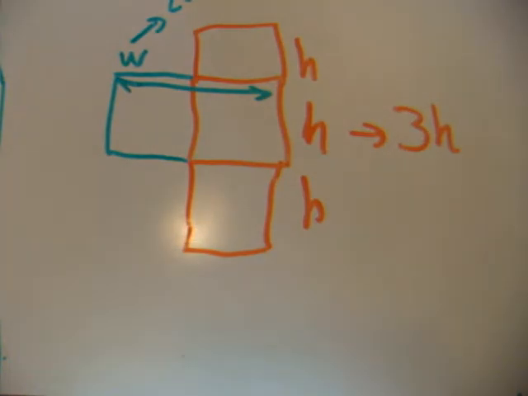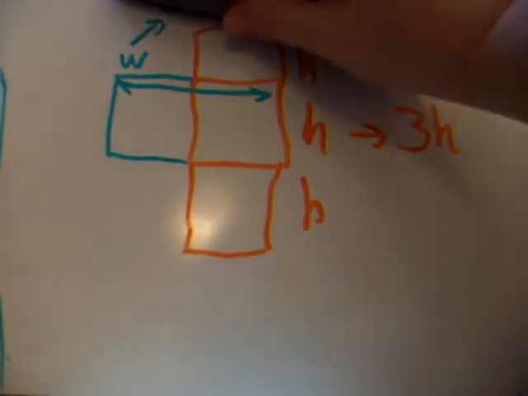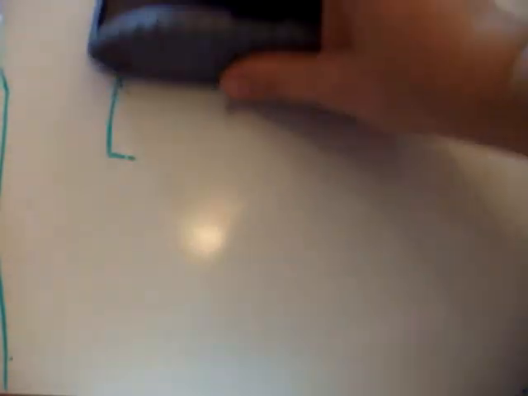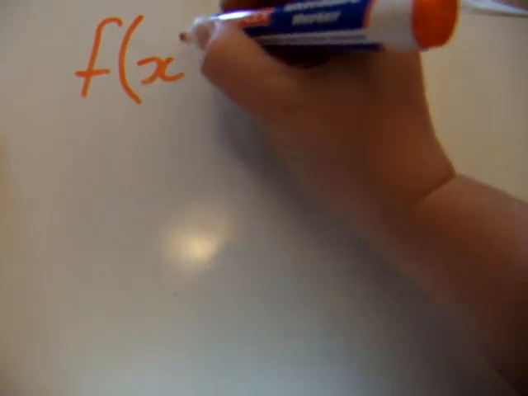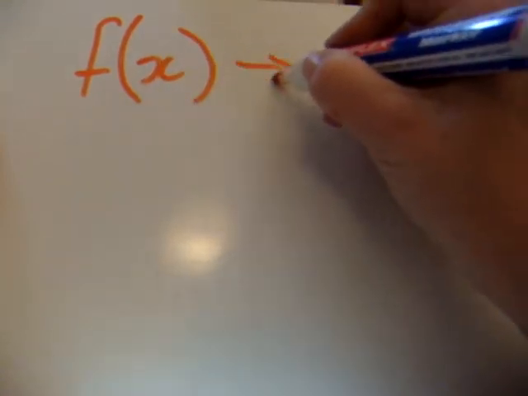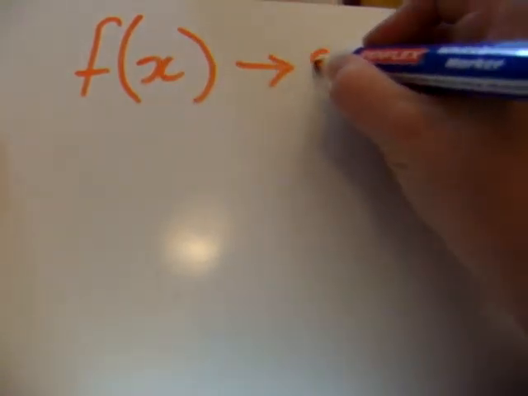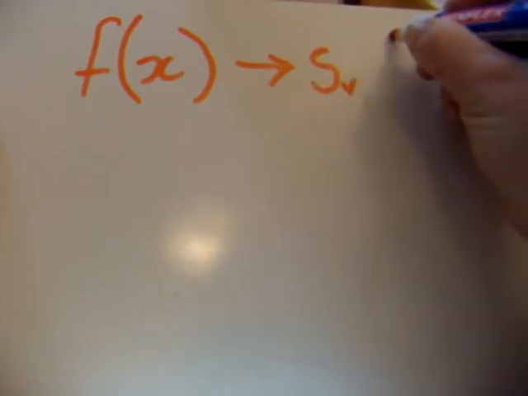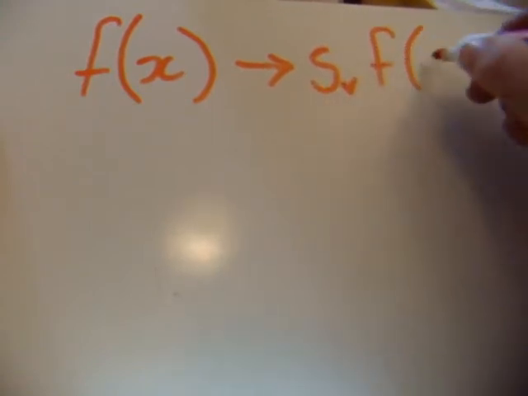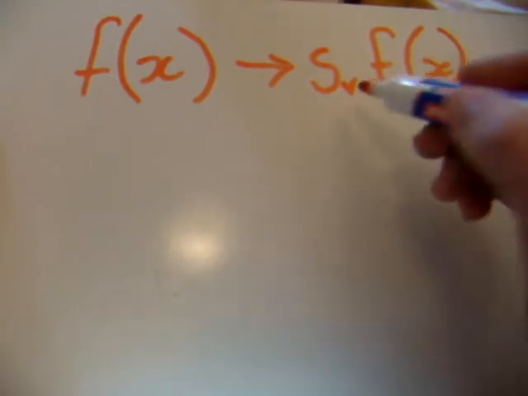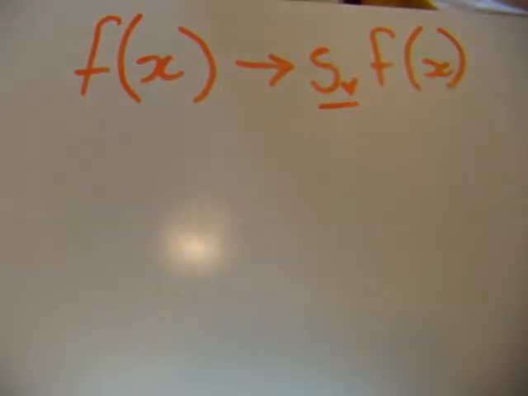So here I'm going to do the same thing with my function. If I'm doing a vertical stretch, let me move that down so you can see, then I multiply the entire function by the value of the stretch.